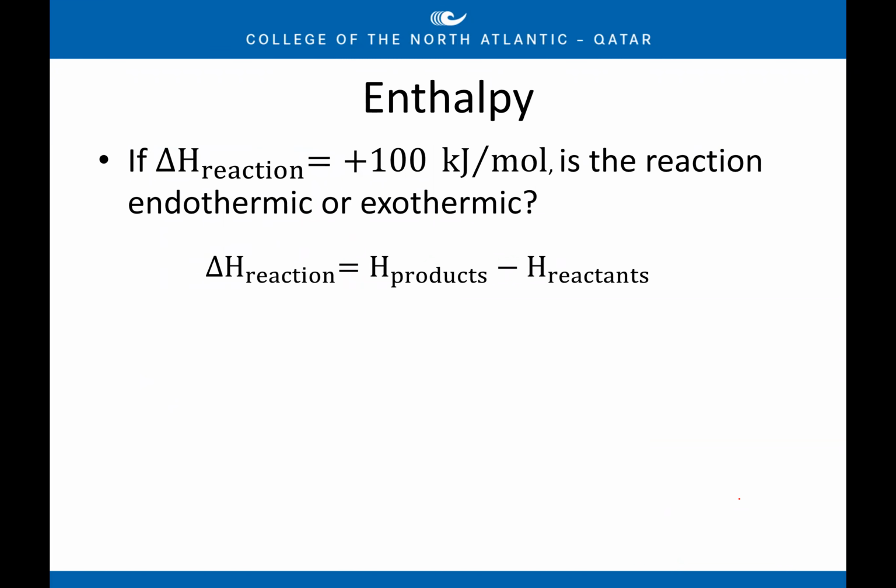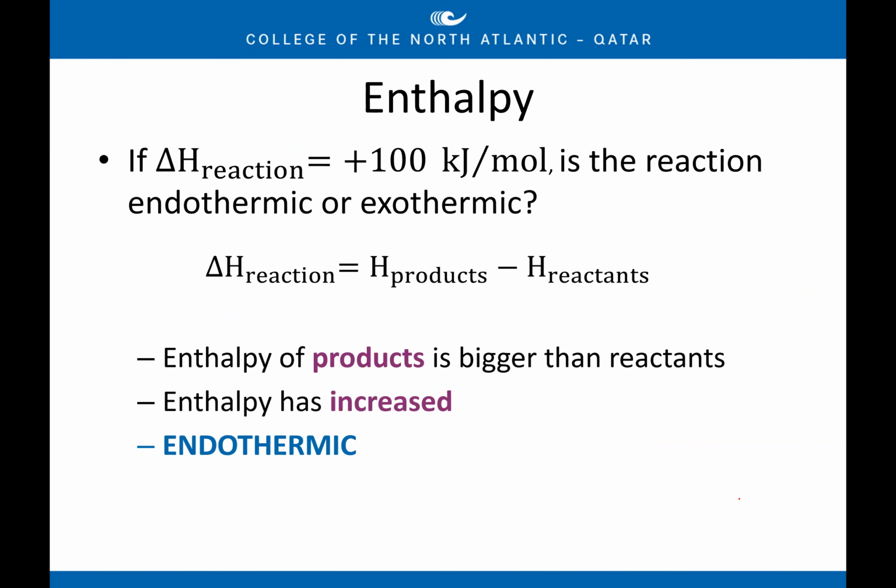So if delta H of the reaction is positive, and this is something I mentioned the other day, a really good way to tell if a reaction is endothermic or exothermic is to look at the sign of delta H. The sign meaning, is it positive or negative?